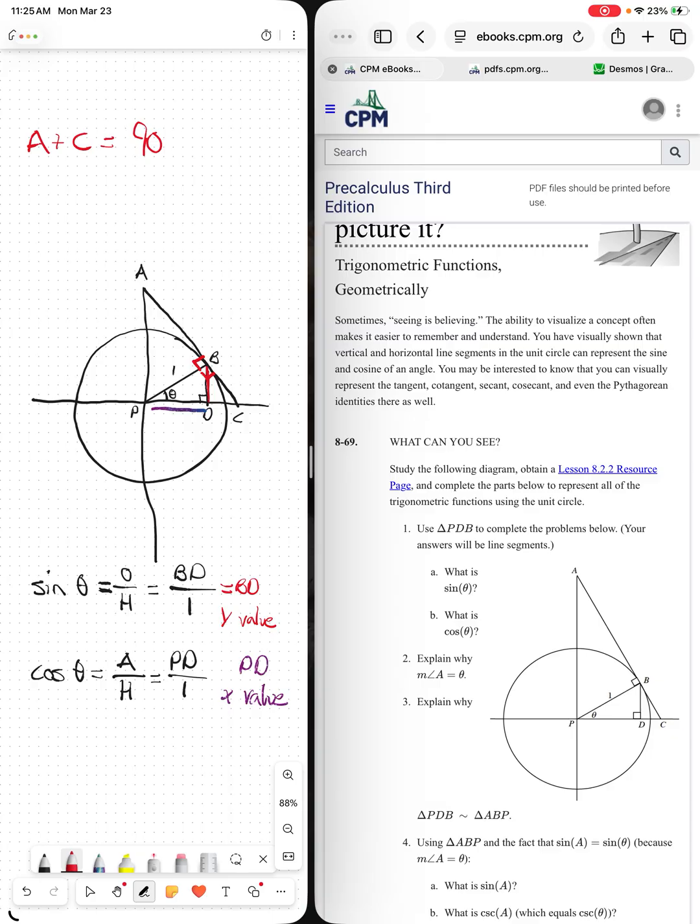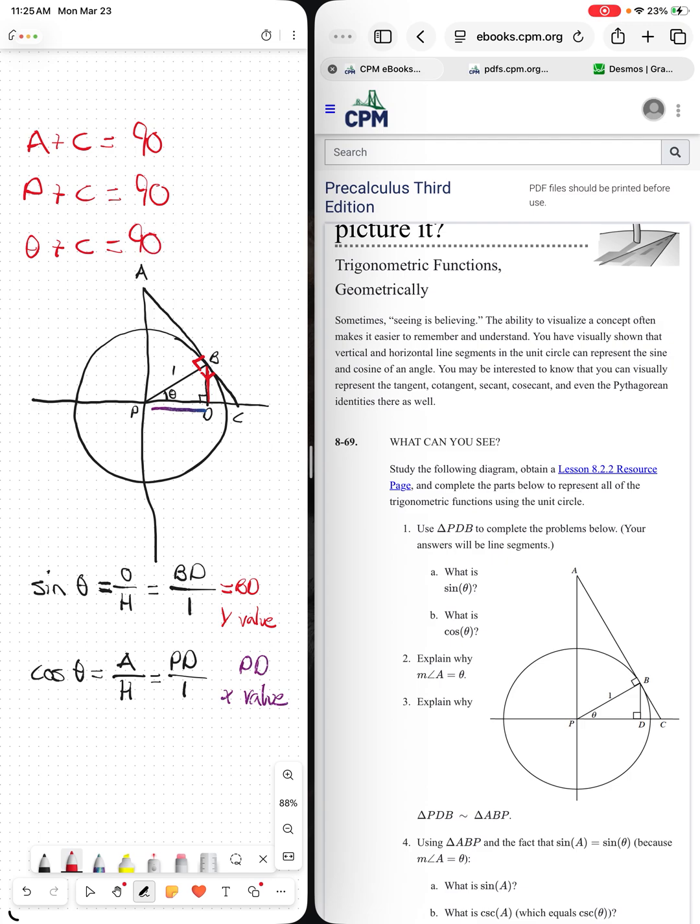So in angle PBC, P plus C is 90 degrees. We know P is theta, so theta plus C is 90.